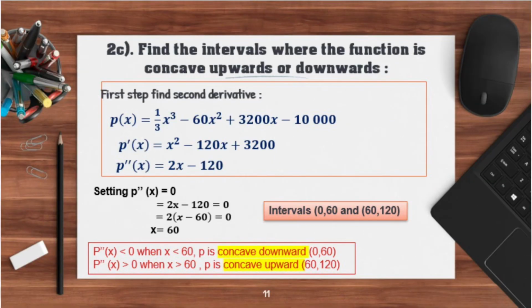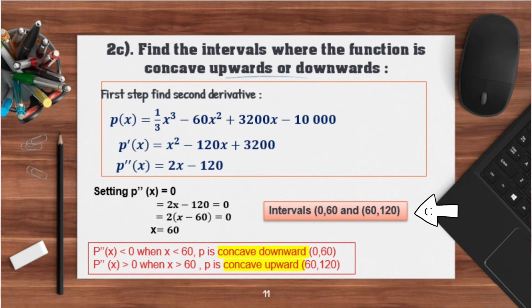Question 2c. Find the interval where the function is concave upwards or downwards. For the first step, we need to find the second derivative with the same formula, that is the power of a function rule. After we substitute in the formula and solve it, the second derivative is 2x minus 120. Next step, I set P double prime x equal to 0 and get x equal to 60.